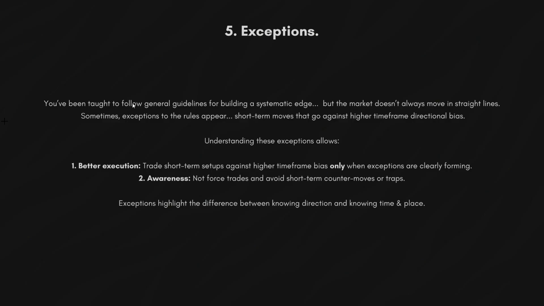Now today is Friday, and even though the bias is bullish and we have a bullish context on the 4 hour, you try to take a bullish trade off of that context, you lose that trade, and price ends up going against the higher time frame bias and makes a counter short-term move on Friday. That's an example of an exception where the market goes against the higher time frame bias.